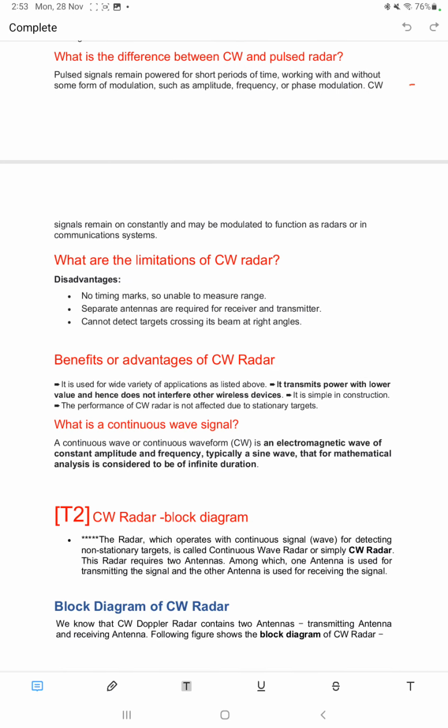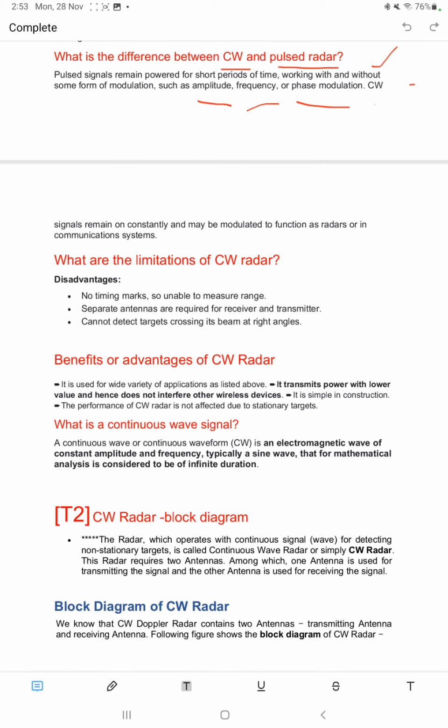And here is the difference between continuous wave radar and pulsed radar. Pulsed radar remains powered for short periods of time, working with or without some form of modulation such as amplitude, frequency or phase modulation.